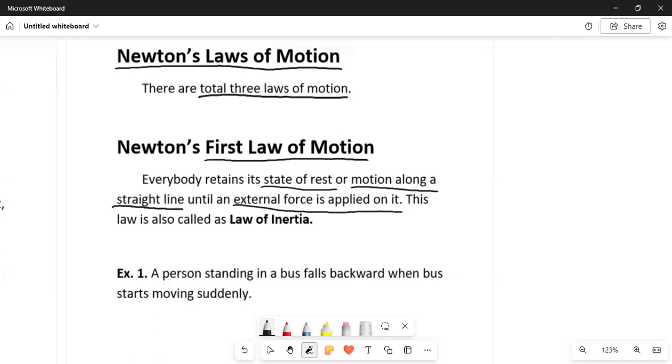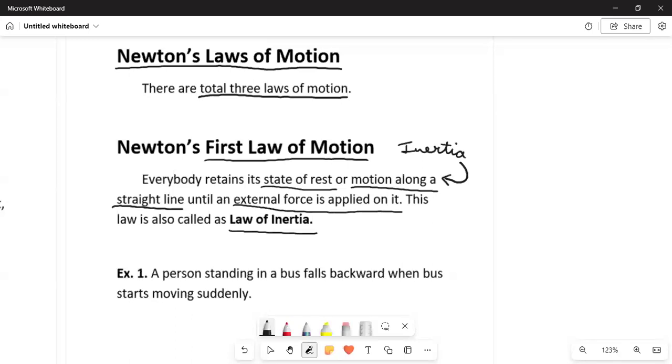And this is called the law of inertia. This Newton's first law of motion is also called the law of inertia. The statement of inertia is itself the statement of Newton's first law of motion.